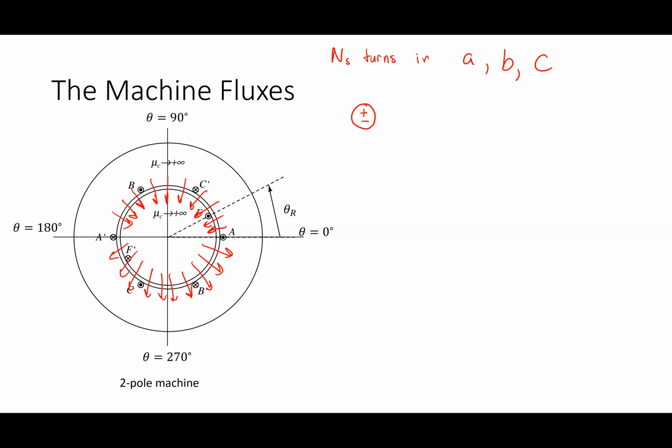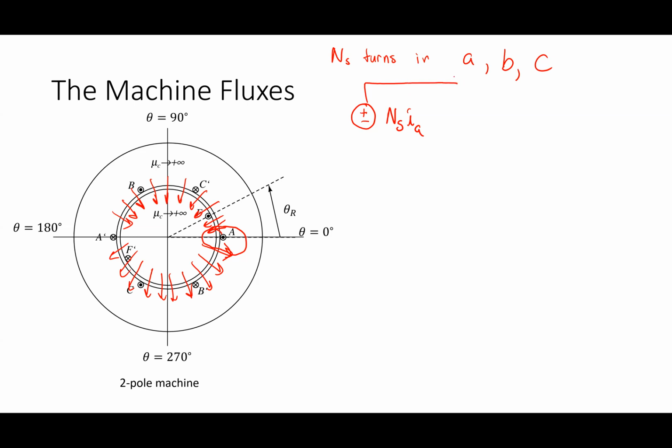I'd have to go around a loop here, let's say. If I go around that loop, what's my MMF source going around that loop? NS times IA. And then how many reluctances do I have there?